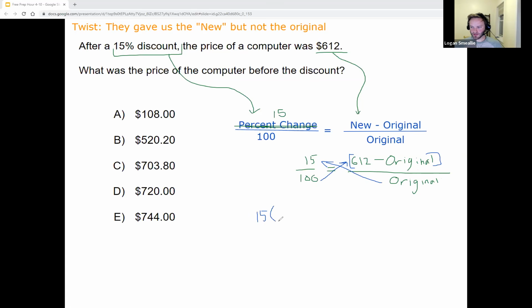What we get is 15 times x, where I'm changing the word original to a variable x because I don't like having full-on words in my equations, and over here, 100 times 612 minus x. So 15x equals 61200. Remember, when you multiply by 100, you can just take those two zeros and pop them onto the end. So 61,200 minus 100x.